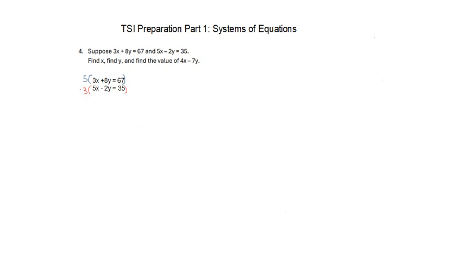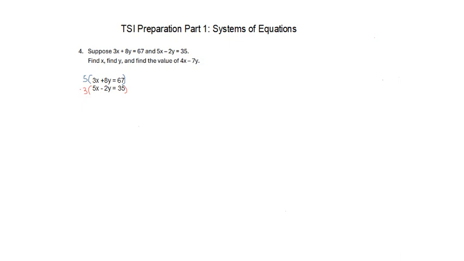I multiplied the second equation by negative 3 for two reasons: 3 because the first equation started with 3, and negative because for this to work, somebody has to be positive and somebody has to be negative. Doesn't matter who. I could have made 5 negative. So let's proceed.